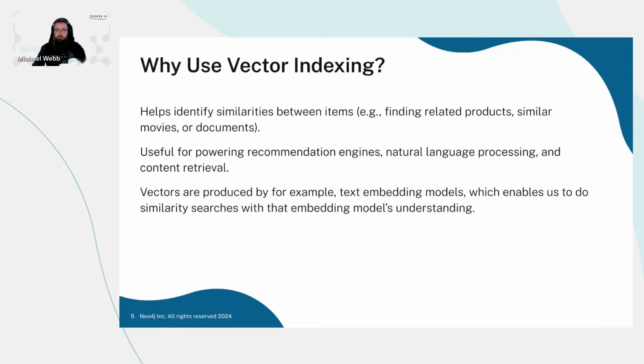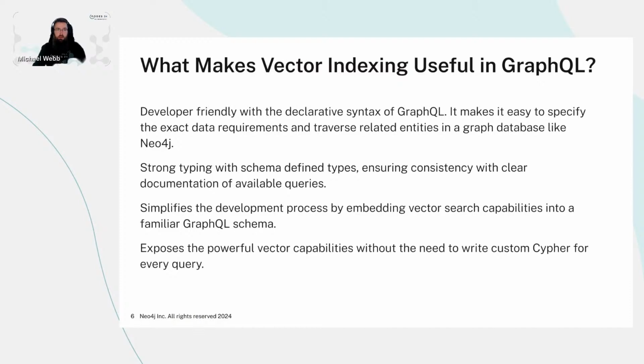And that's, of course, useful for powering recommendation engines, natural language processing and content retrieval. Vectors are produced by, for example, text embedding models, which enables us to do similarity searches with the embedding model's understanding. I'll go through that shortly a bit more.